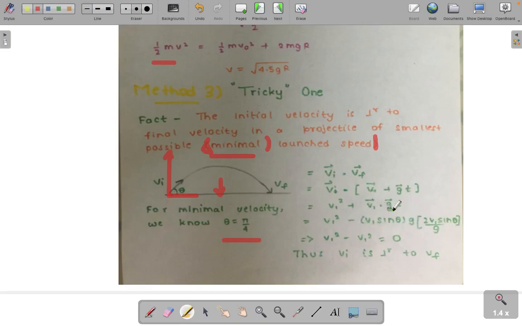And the time for the projectile is 2 vi sin theta by g, as we know, which is the time of flight. So solving this and putting the value of theta to be pi by 4, it finally resolves into vi square. So vi square minus vi square gets 0. Thus, the angle between the initial and final velocity should be 90 degrees, as the dot product is 0.